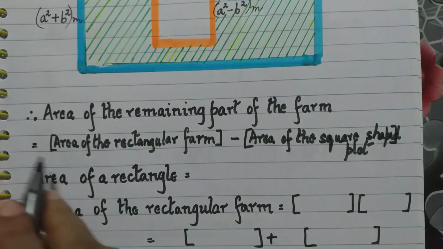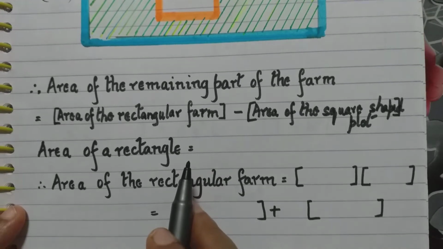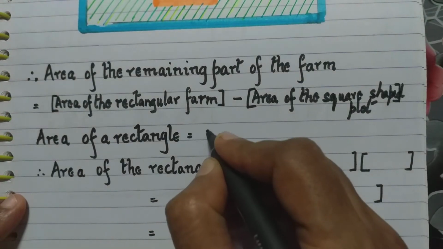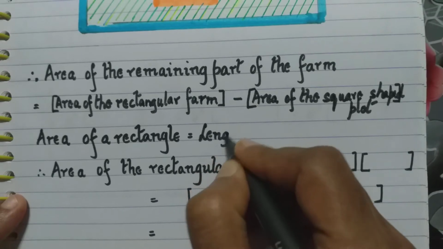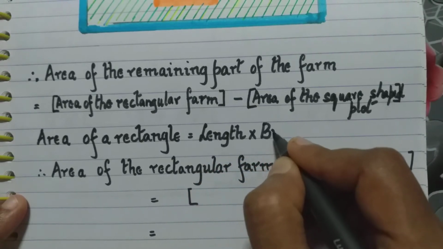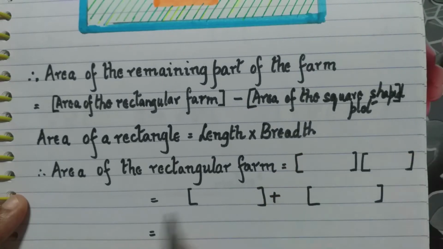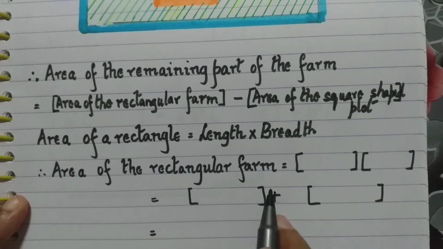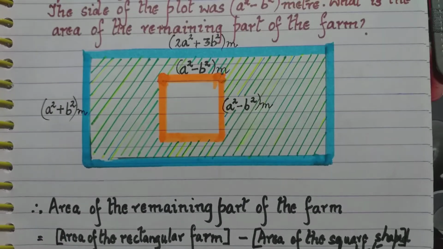Now, first we will find what is the area of the rectangular farm. Now, area of a rectangle is given by the formula length into breadth. Therefore, area of the rectangular farm will be, look at the length and breadth.